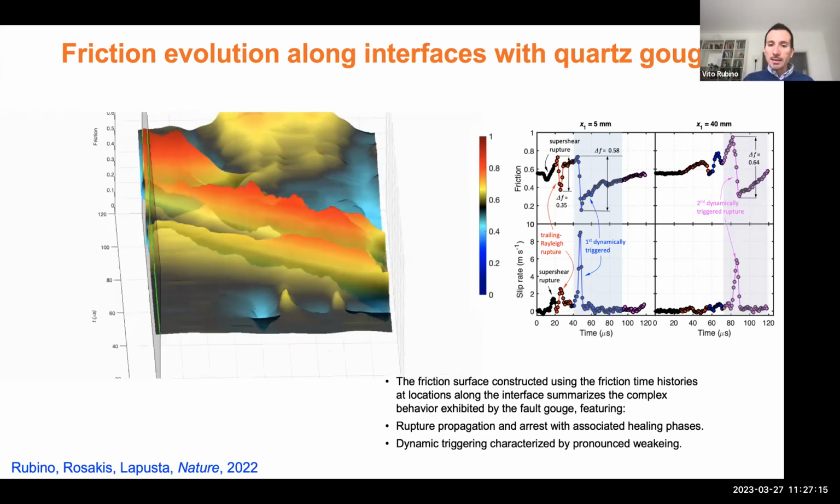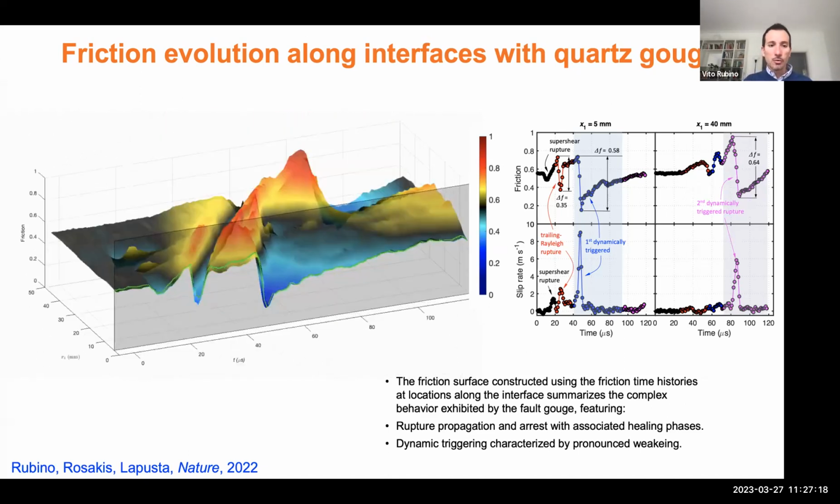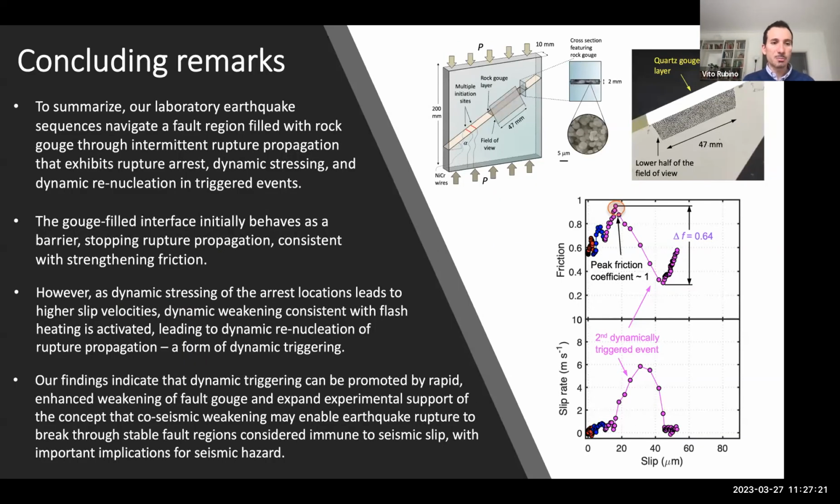Okay, so let me make a few concluding remarks about this last part. What we've seen is that these sequences of laboratory earthquakes navigate through gouge interfaces through an intermittent process, where we have arrest or nearly so, then dynamic stressing, and then dynamic renucleation in these events. The gouge interface here behaves as a barrier because it tends to stop ruptures, as we've seen with various attempts, and this is consistent with the strengthening behavior.